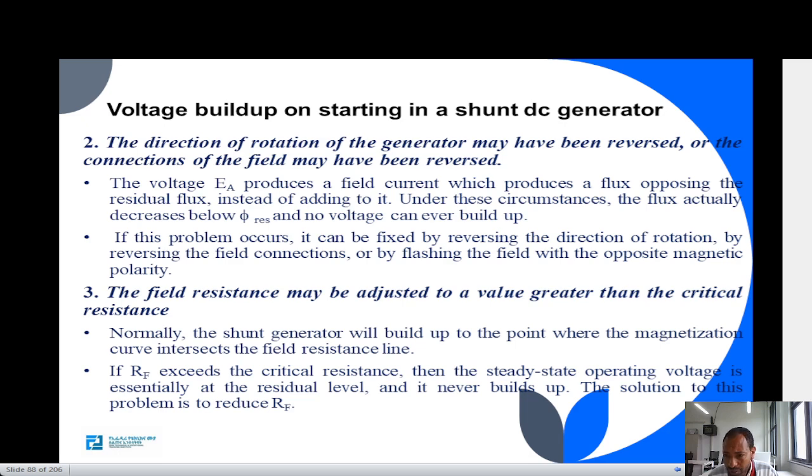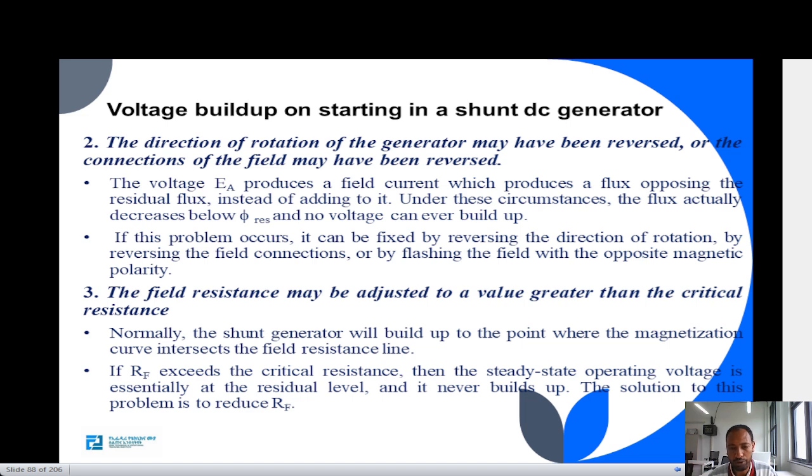This problem may cause the DC shunt generator to fail to build the voltage. If this problem occurs, it can be fixed by reversing the direction. Simply reversing the field polarity may build the necessary voltage.